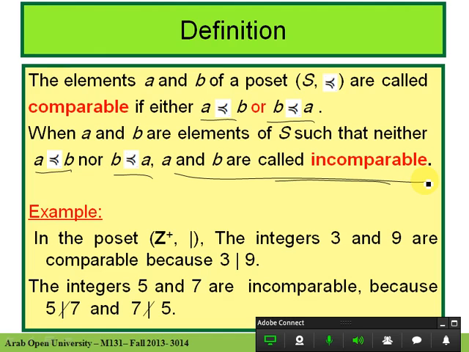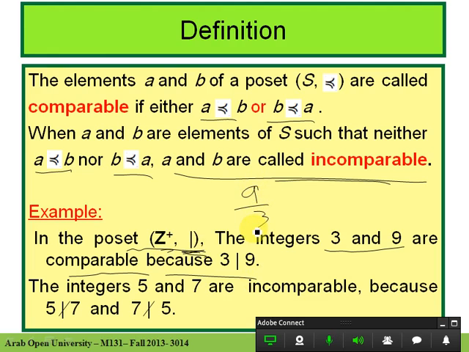Now for example, in the partial order on the set of positive integers under division, 3 and 9 are comparable because 9 can be divided by 3.